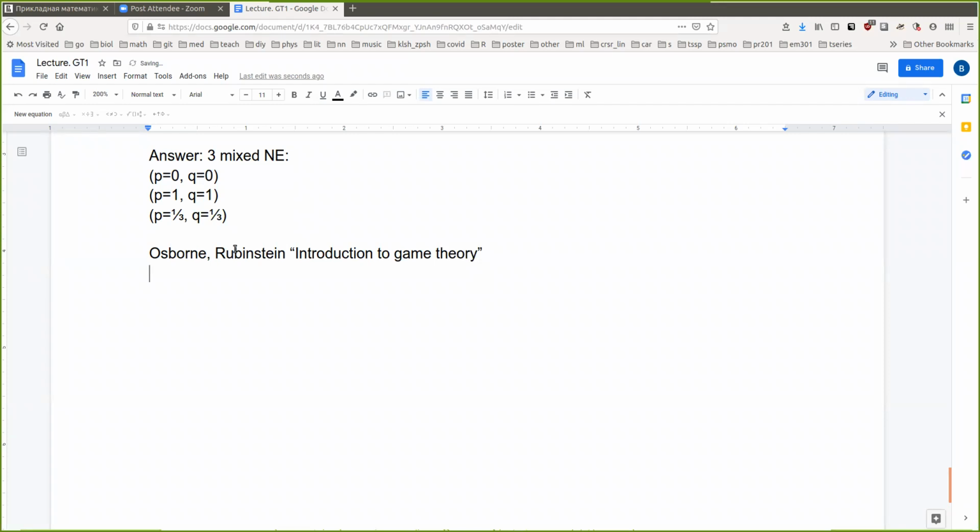I think it's one of the best introductory books, but there are a lot of sources. If you just Google game theory, there are a lot of sources. So that's a good option to avoid lectures completely. That's an excellent book. There are many other books, so I'm not limiting your choice. I'm just saying that's a good source, but there are many other sources.